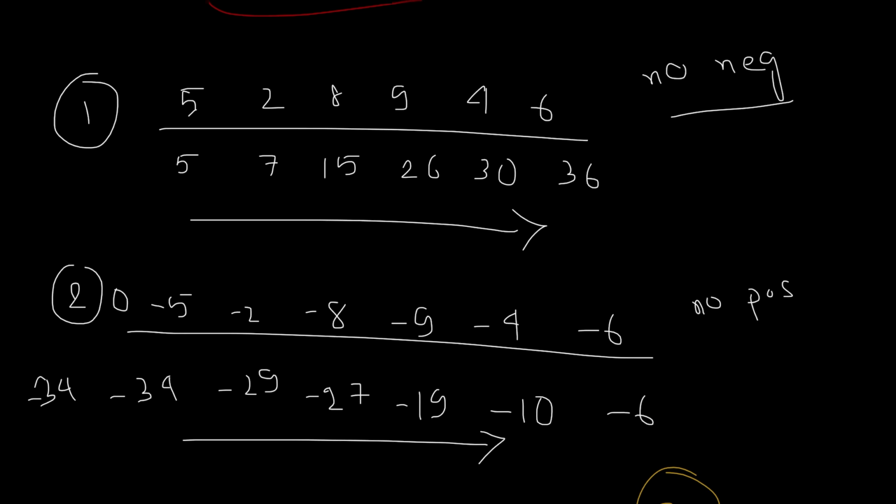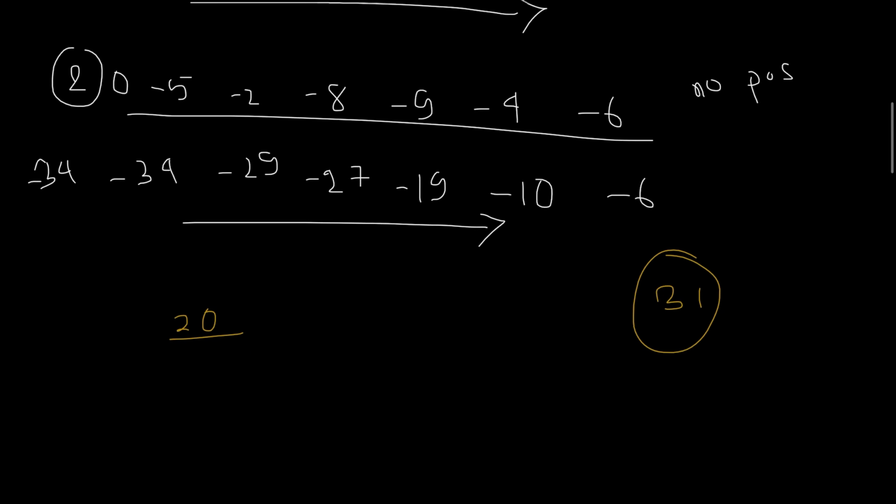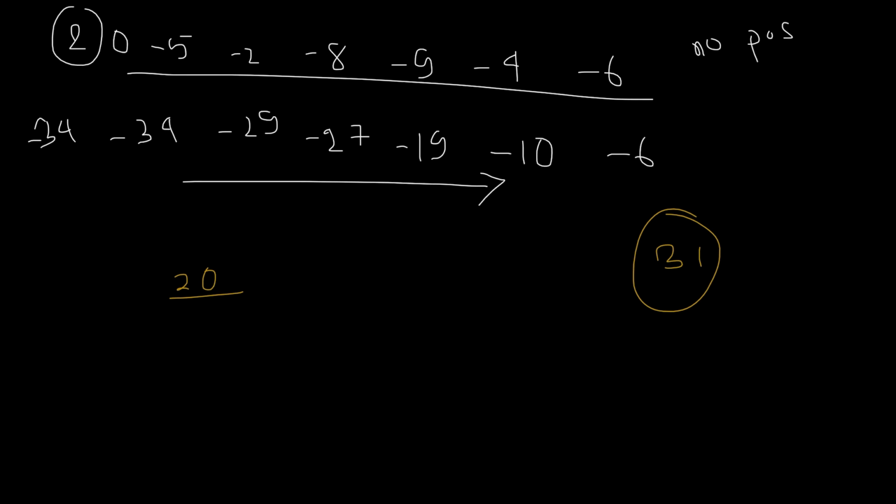For 6 integers, we required 5 operations. Like I had to add 5 to 2, then 7 to 8, then 15 to 9, and so on. And in the worst case, there can be 20 integers at max in the whole array. So at max, we will need 19 operations for this prefix sum or suffix sum method.